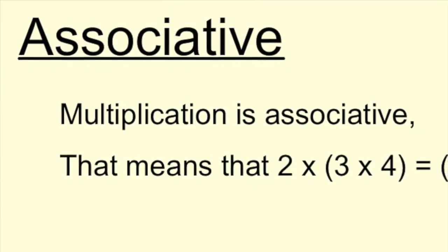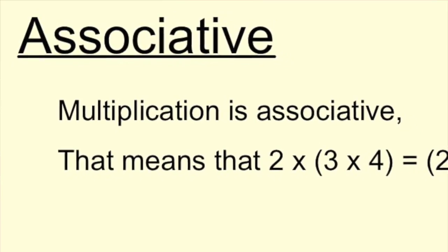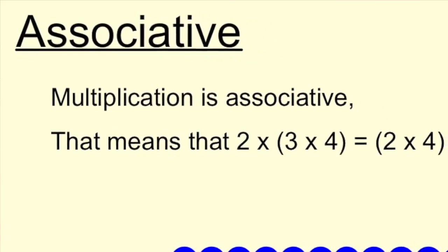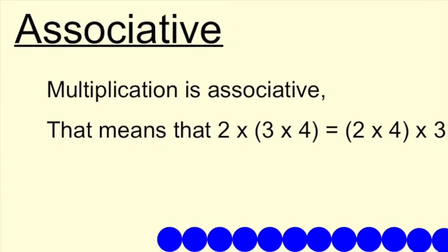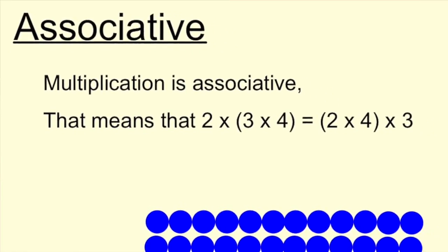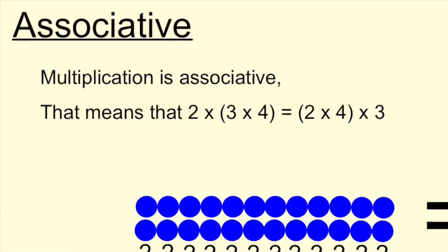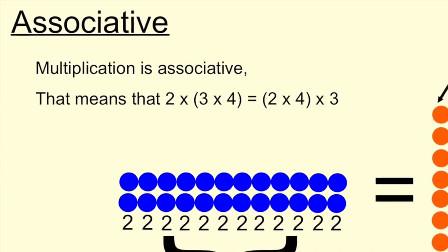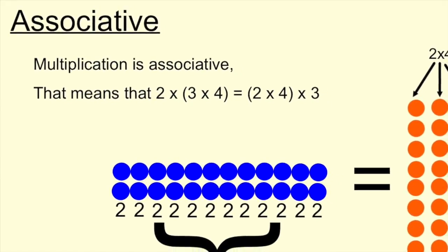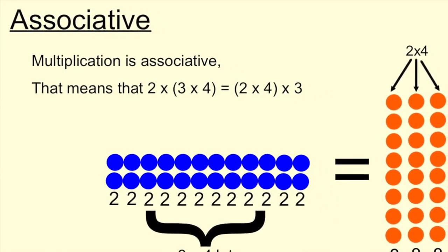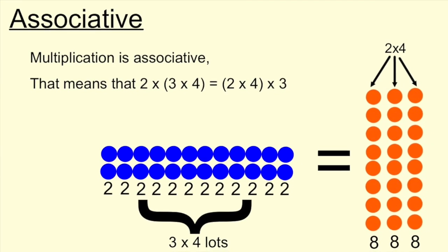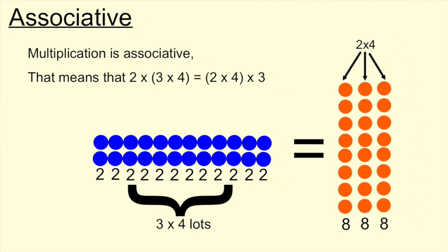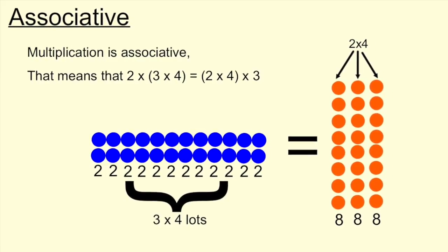So if we look at 2 times 3 times 4, when we look at it in an associative way, that can mean either 2 times 3 times 4, or it can mean 2 times 4 times 3. It doesn't matter which pair of multiplying numbers we start with, the result will always be the same. And again, you can see that from the 2 different arrays, but you'll notice that in both cases they sum to the same value, i.e.